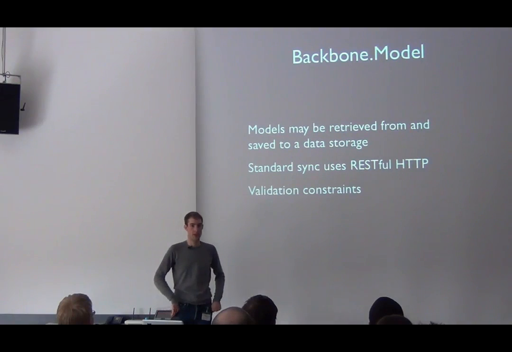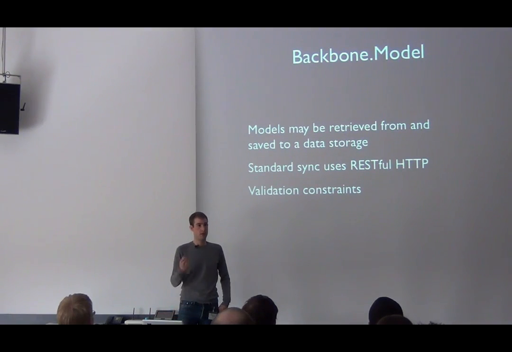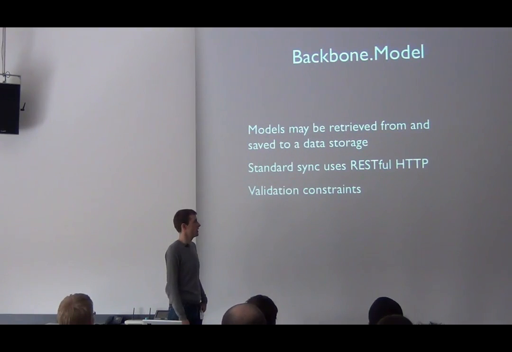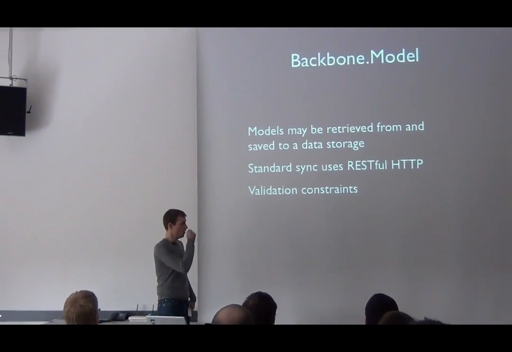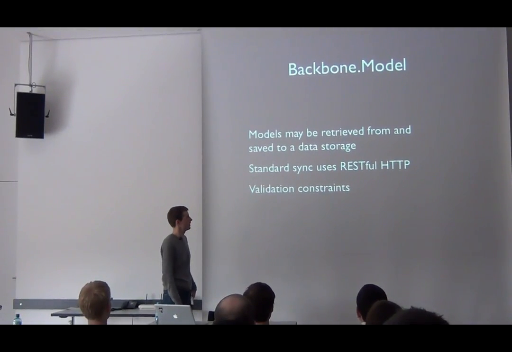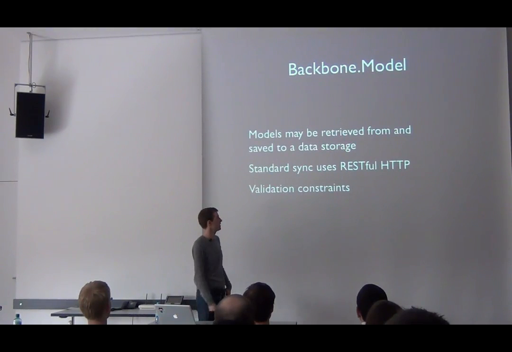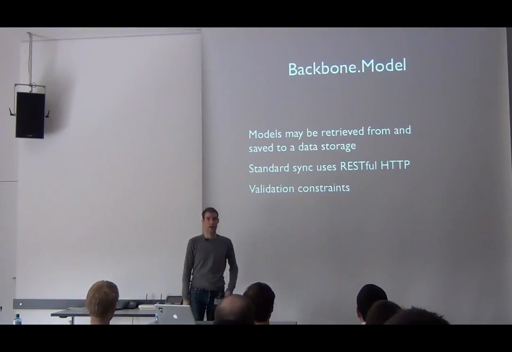Most of the time, this is done with RESTful HTTP. So you get your model, for example, via JSON, which is the standard format Backbone is using. And of course, you can impose some validation constraints, like you know it, for example, from a server-side MVC framework like Rails.